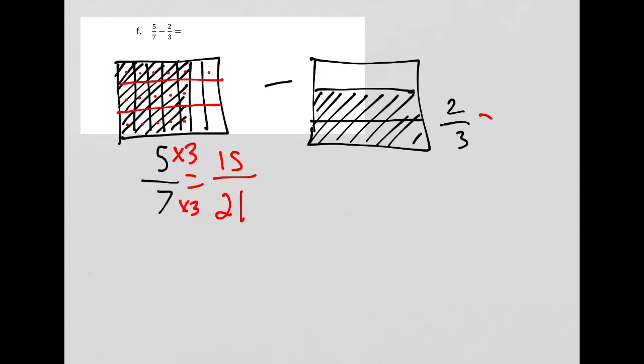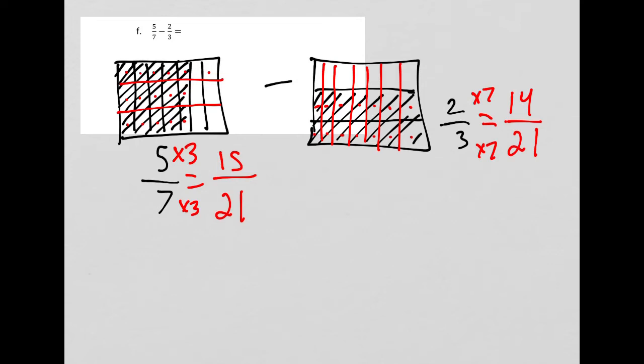And my 2/3, I'm going to split now into 7ths. 1, 2, 3, 4, 5, 6. So I'm timesing them by 7, which means I should get 14/21, but let's double check. 1, 2, 3, 4, 5, 6, 7, 8, 9, 10, 11, 12, 13, 14 out of 15, 16, 17, 18, 19, 20, 21.